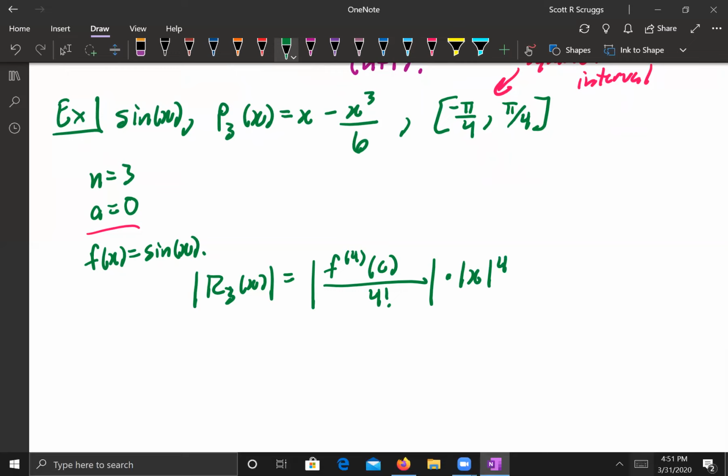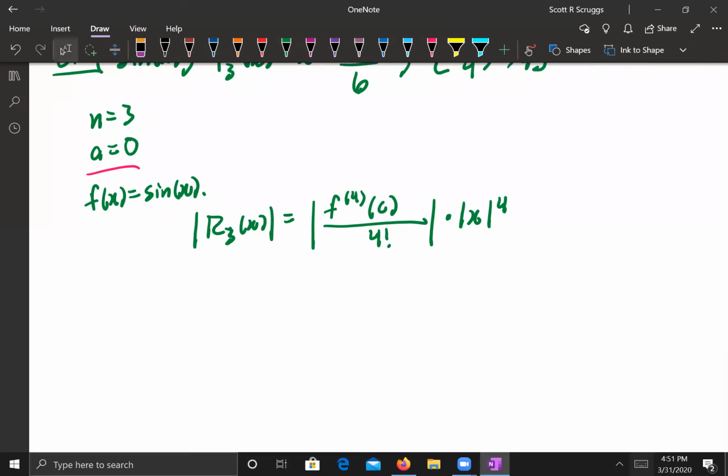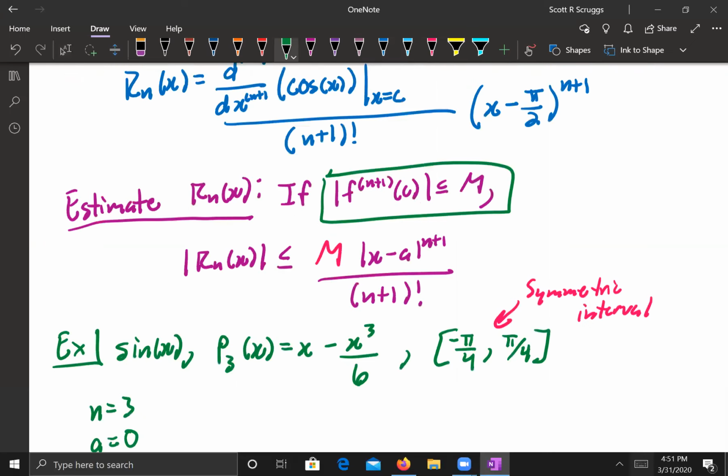Now, what I'm going to have to do is I need to satisfy this condition and figure out what that's going to be.